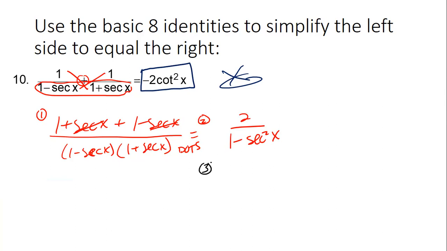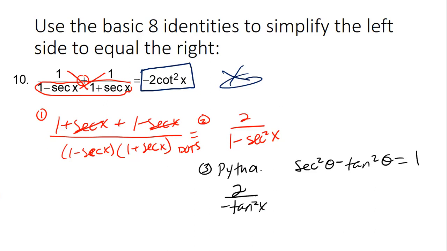However, in step 3, I'm going to use the Pythagorean identity: secant squared theta minus tan squared theta equals 1. So if I want 1 minus secant squared, I would have to subtract, and what is left by itself? Oh, good old negative tan. So by the Pythagorean theorem, I'm left with 2 over negative tan squared x.